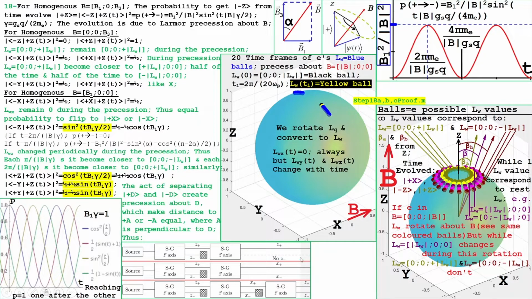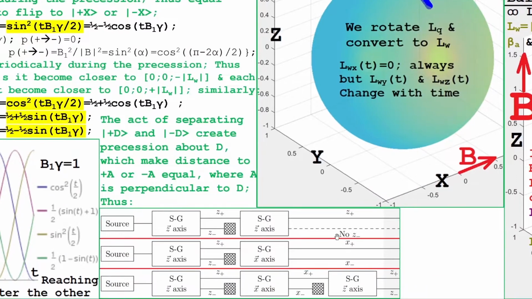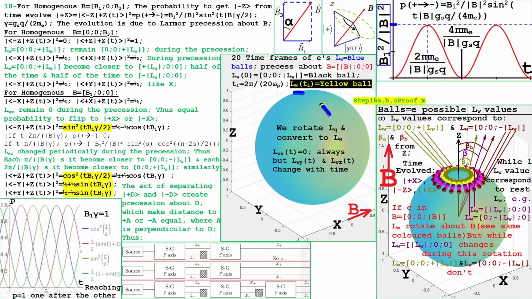We can use the previously mentioned transformation to transform between the internal magnetic field and the angular momentum during a Stern-Gerlach separation.